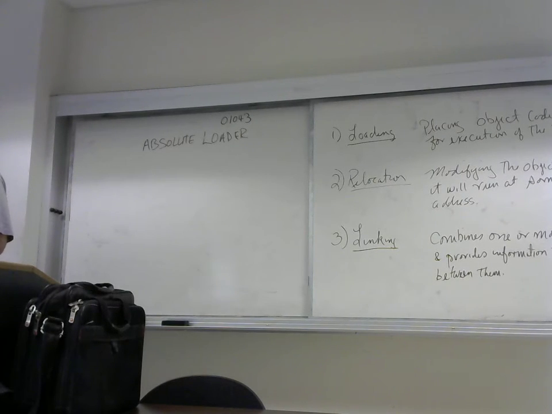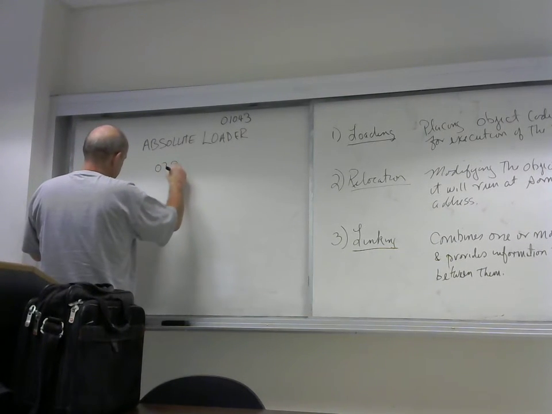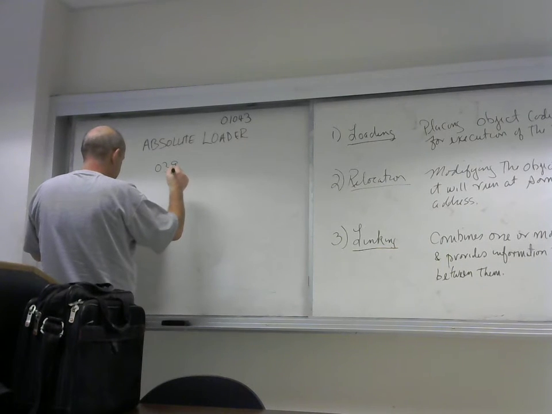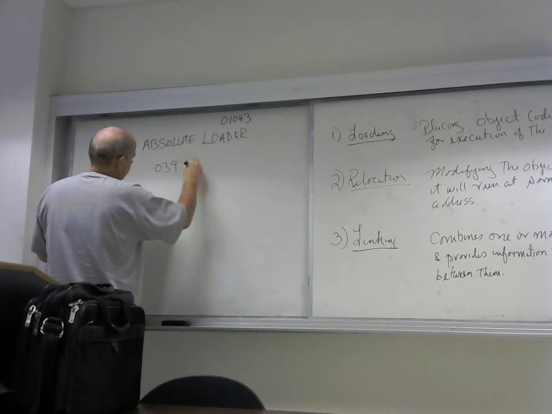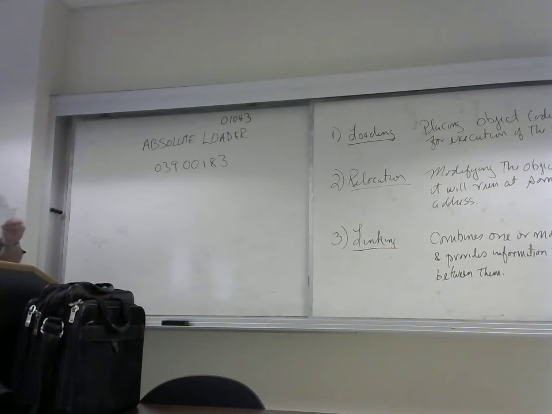All right, let's look at the code. We have 0, 3, 9, and then we have 0, 0, 1, 8, 3. And 183, of course, is beta. So we look at the modification record and we can see we need to go to B and take 5 half bytes.